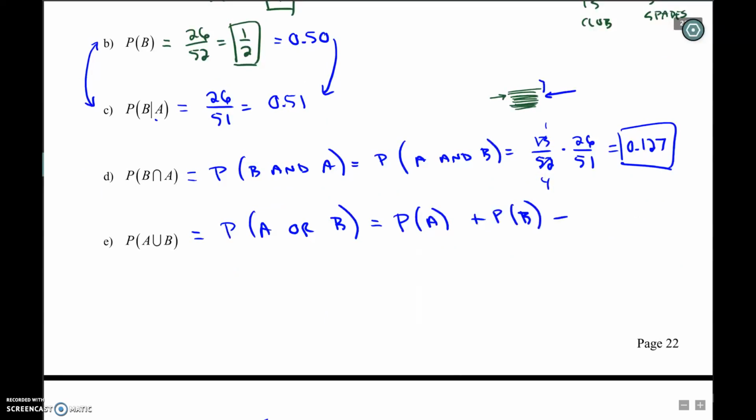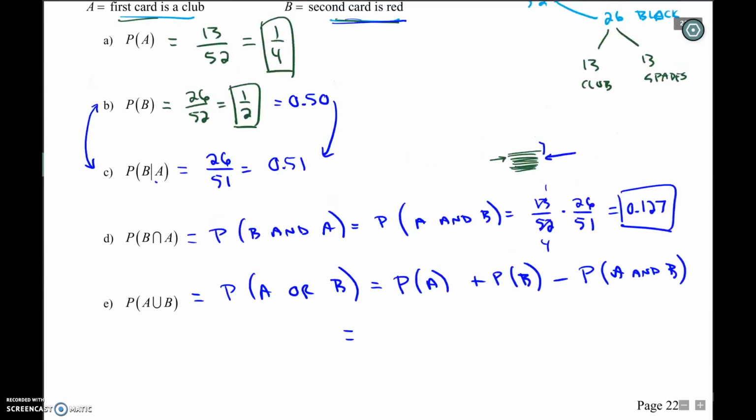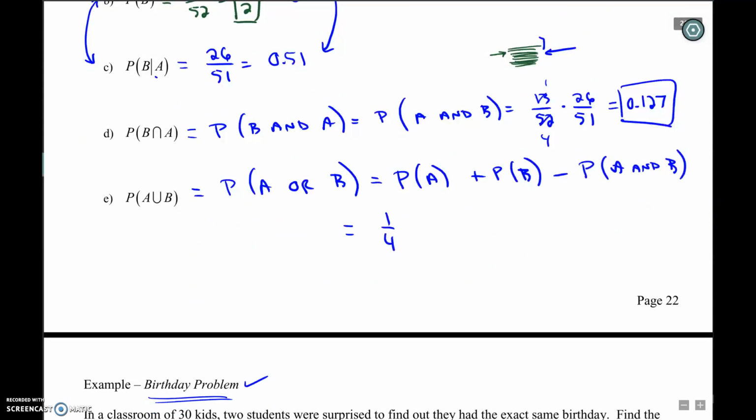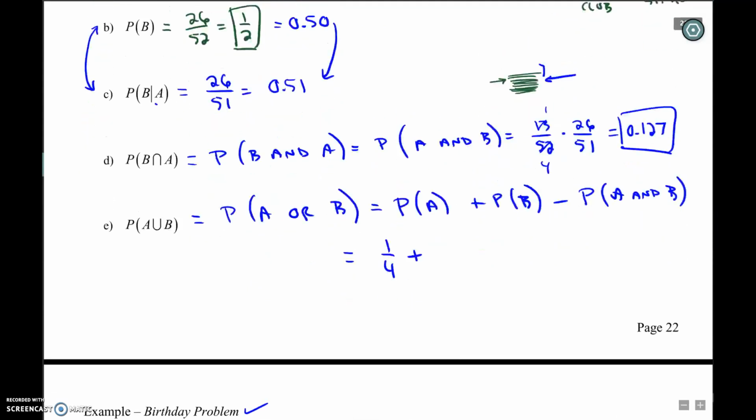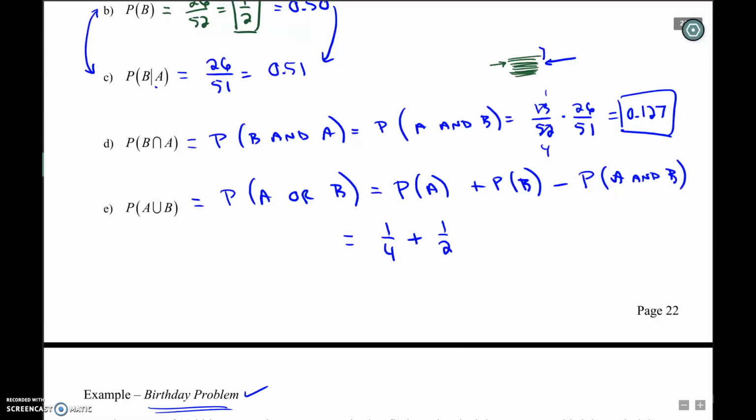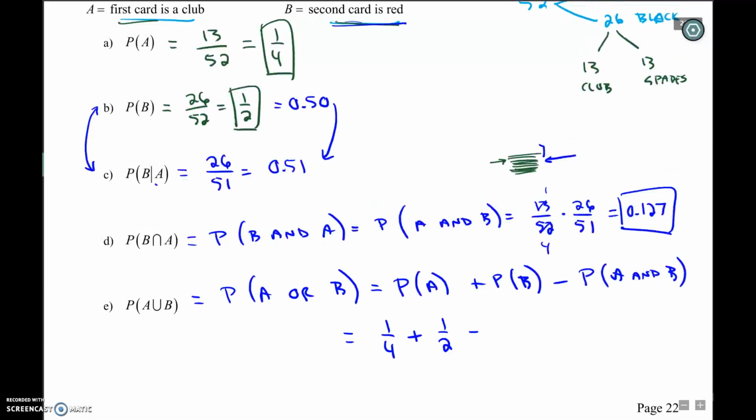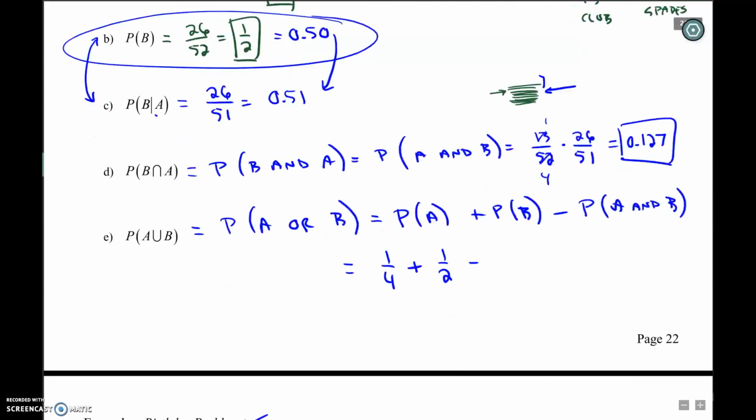Use the formula. This is the addition rule. I think I have all these things already calculated. Probability of A is 1/4 plus probability of B is 1/2, regardless of what happened on that first card, minus the probability that they both happen. Well, I just calculated that. That's 0.127.